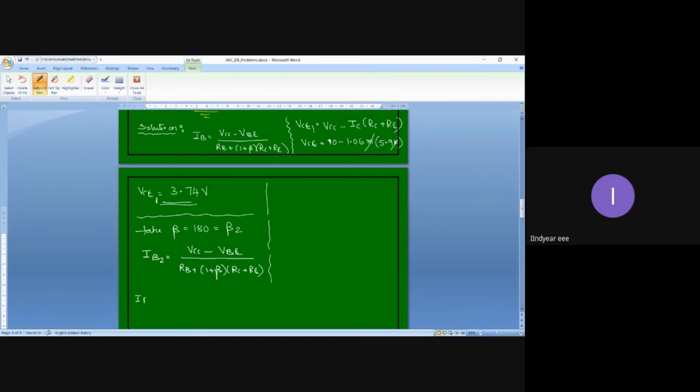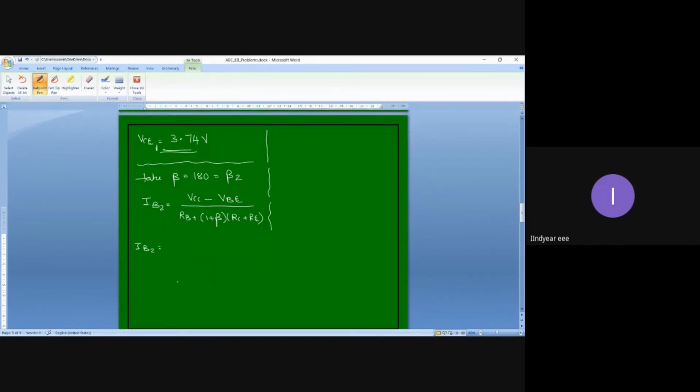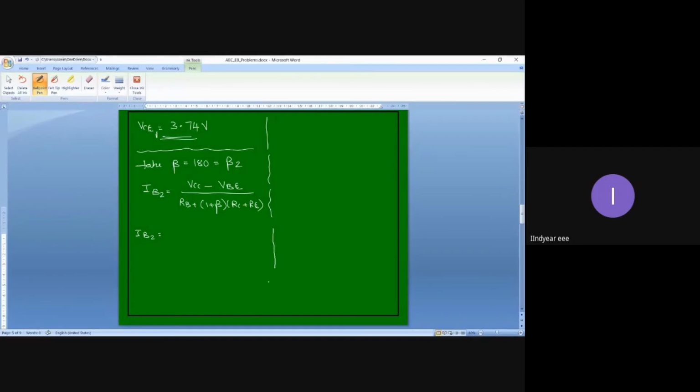So that gives IB2 equal to 10 minus 0.7, divided by RB, which is 250, plus (1 plus 180), taking beta 2, into RC plus RE, that is 5.9 kilo ohms. Correct? 4 plus 5.9, yeah, 5.9 kilo ohms. So that will give you the IB2 value.